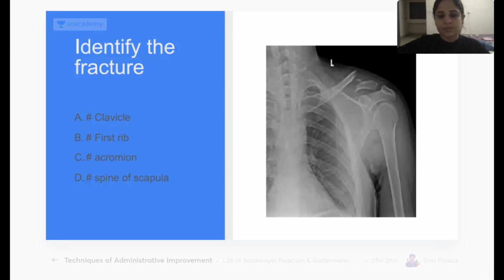Identify the fracture in this case. Fracture clavicle, fracture first rib, fracture acromion, or fracture spine of scapula.